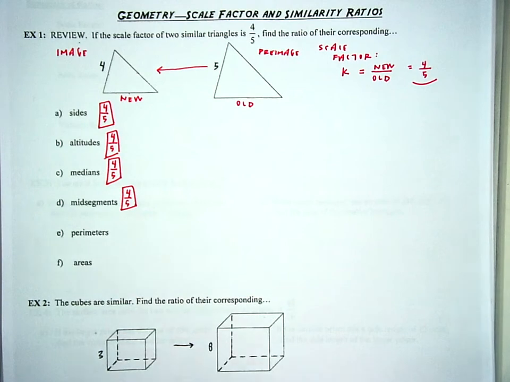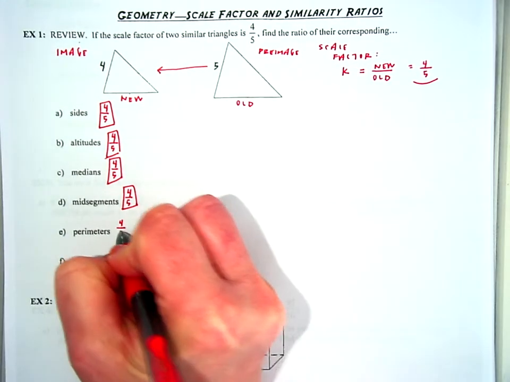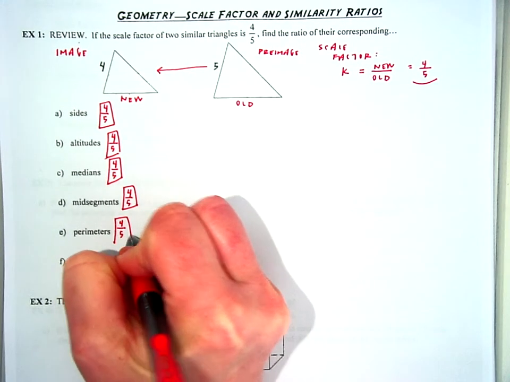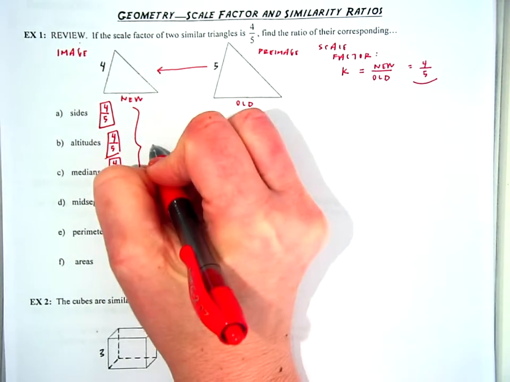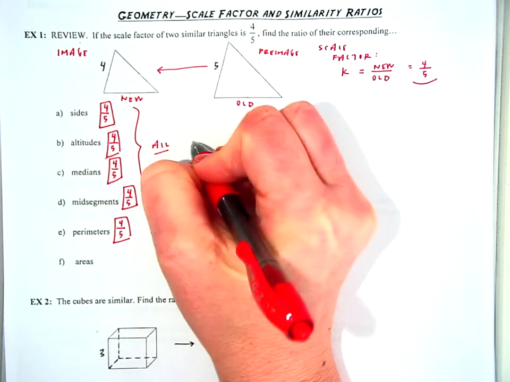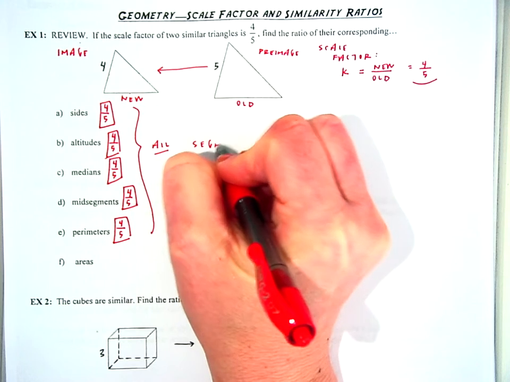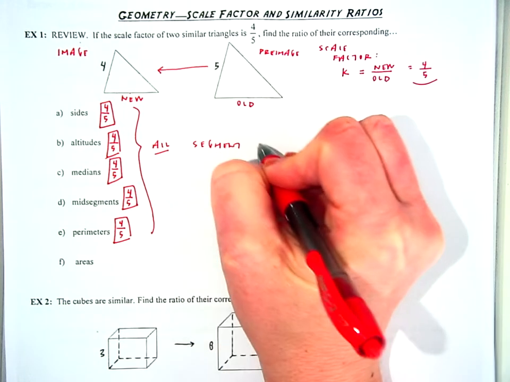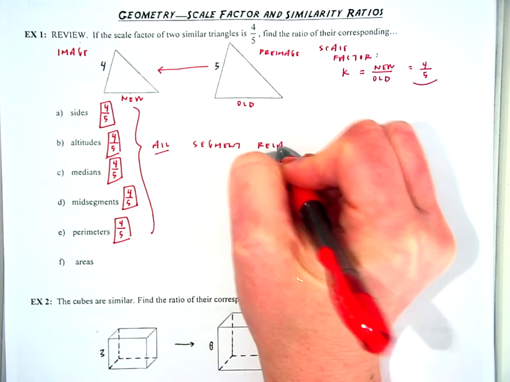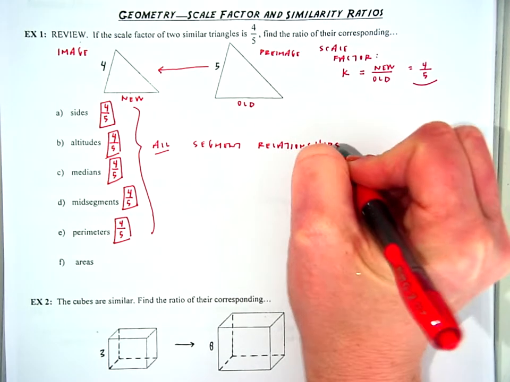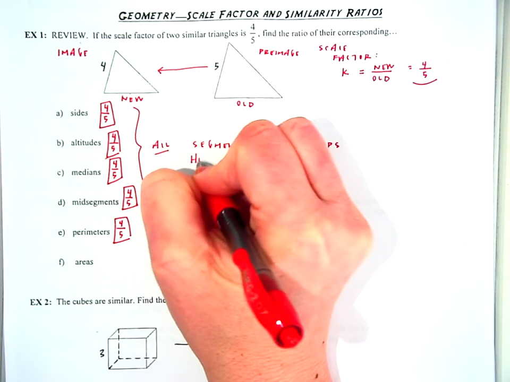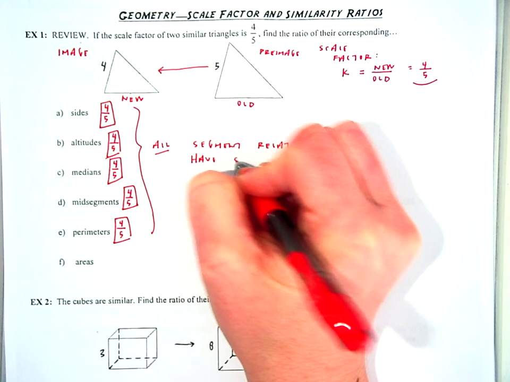So here, just a little reminder that all segment relationships have the same ratio as the scale factor.